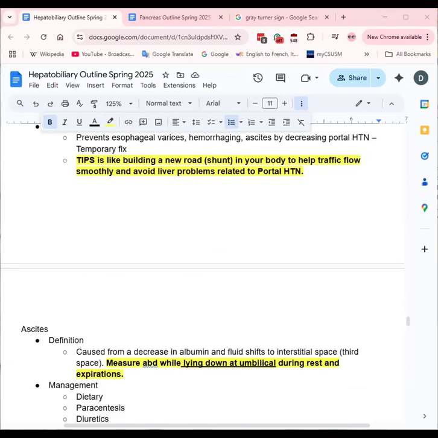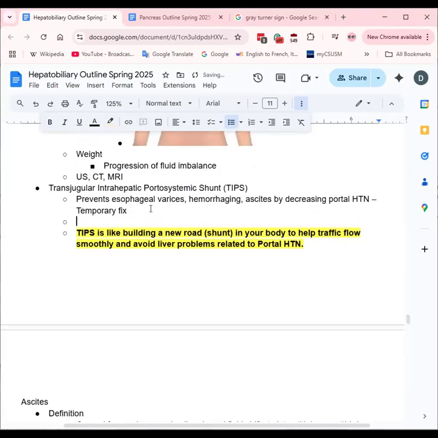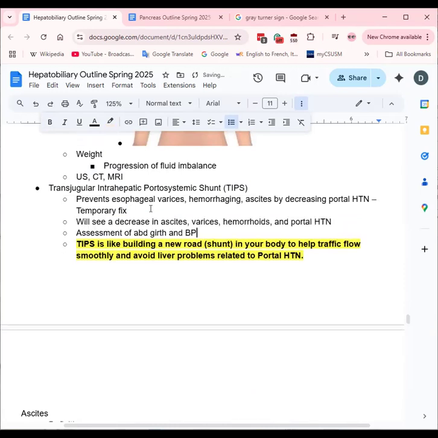And the main thing is that if you are decreasing the portal hypertension, you will see a decrease in the signs and symptoms that we talked about. So assessing your abdominal girth again is important here.